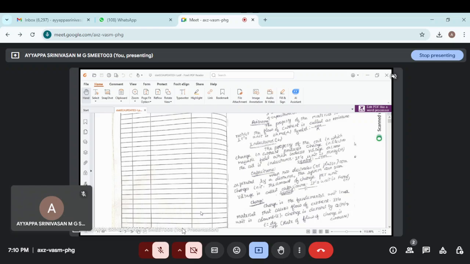In between, a thing called dielectric will be there, right? In the dielectric also, charge as well as the electrostatic field will be stored. This is the symbol of capacitance, its unit is farad. This is the symbol of inductance, its unit is Henry.